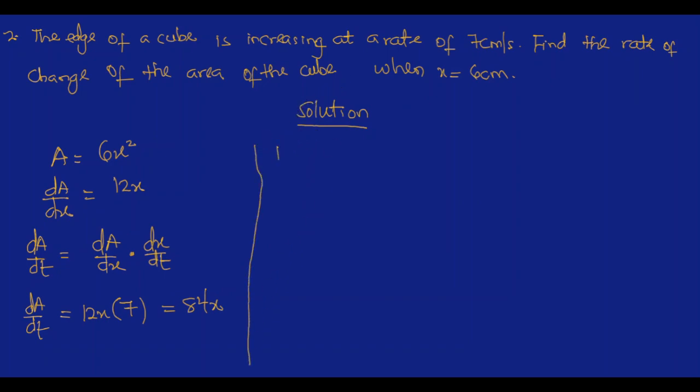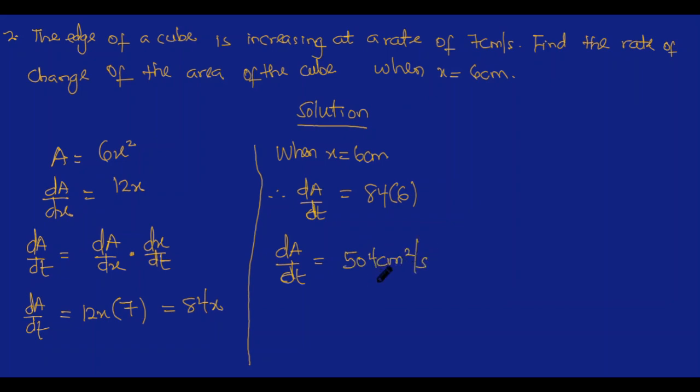So we now examine it when x is equal to 6 centimeters. Therefore, dA/dt is equal to 84 multiplied by 6, and dA/dt will be equal to 504 centimeters squared per second.